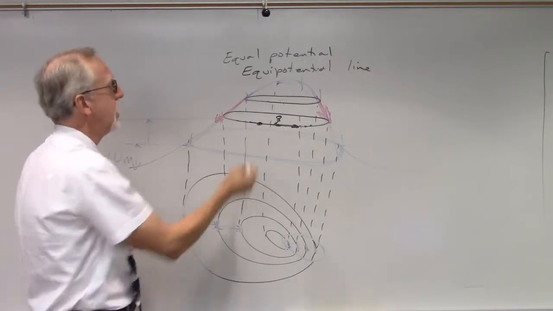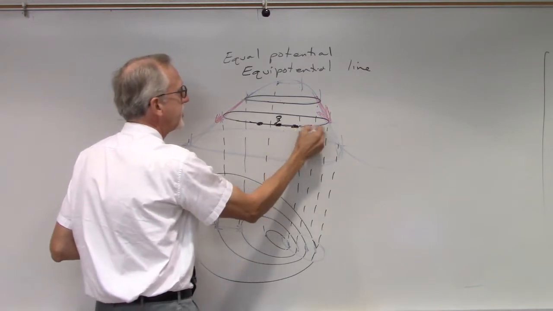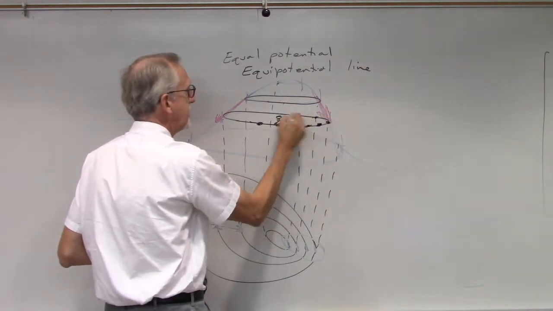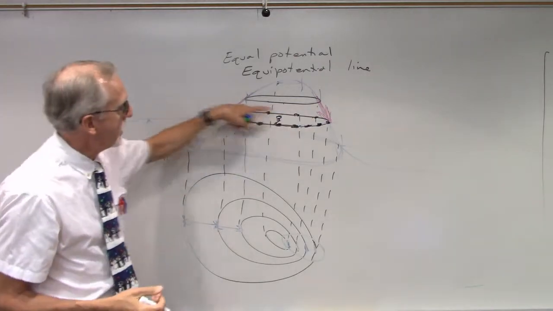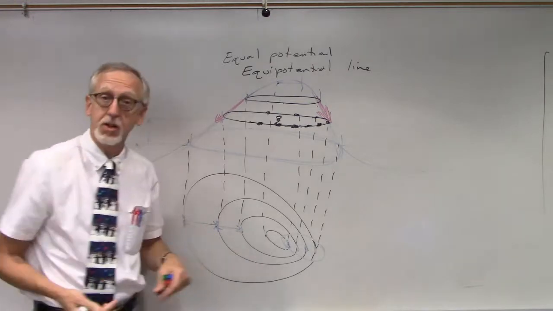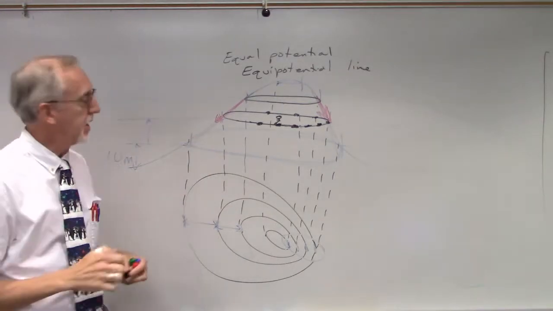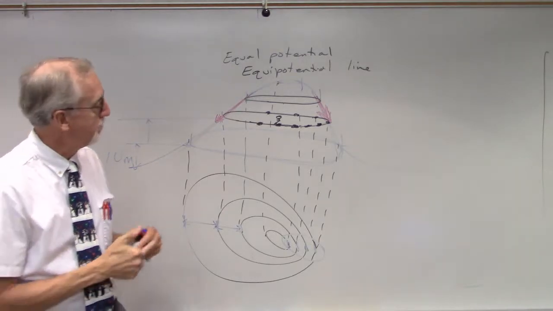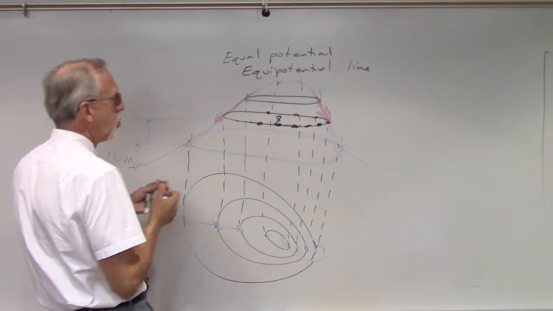What we mean is that every point on the same line has the same potential as every other point on that line. So these lines are what we call equipotential lines. Gravitationally, we can think of them as lines of equal height. Equal height, equipotential.